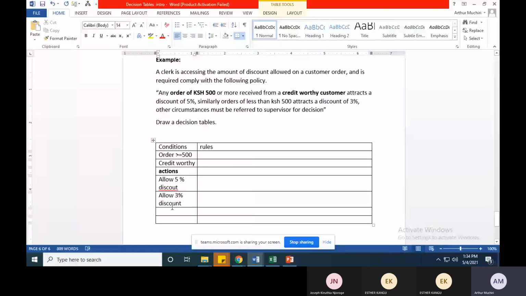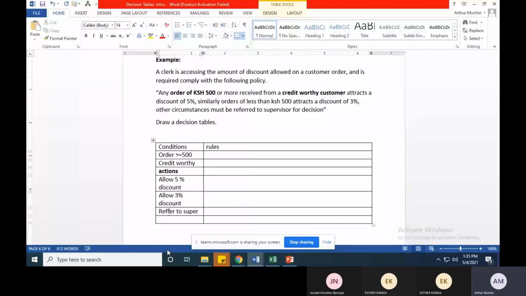Then the other one is refer to supervisor, because if any other thing happens, you're going to refer this person to the supervisor. If, for example, somebody is not creditworthy and he has made a purchase of greater than 500, then you're supposed to refer that case to supervisor.